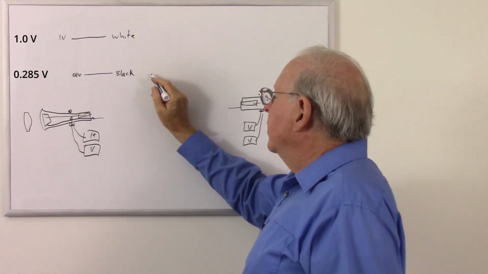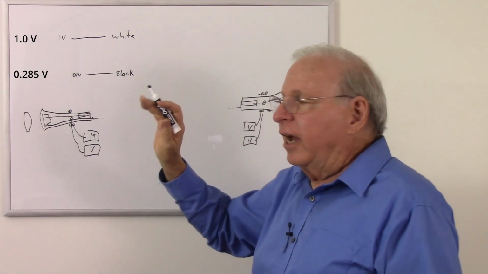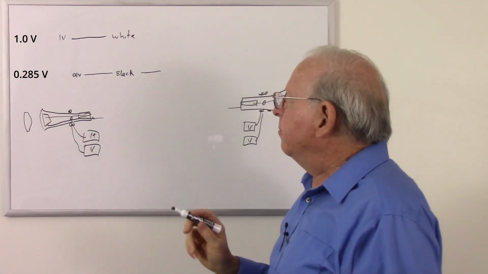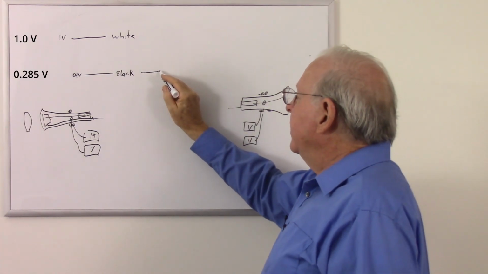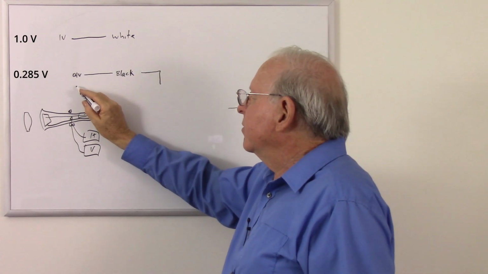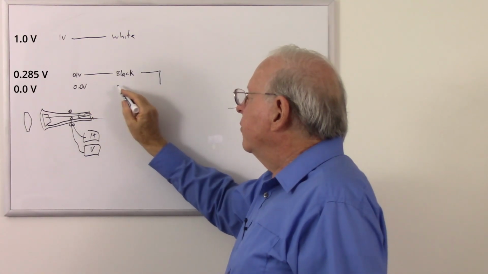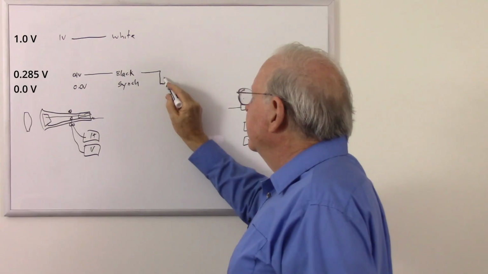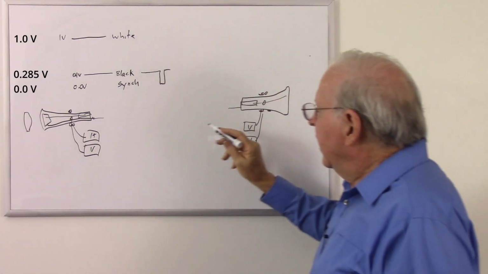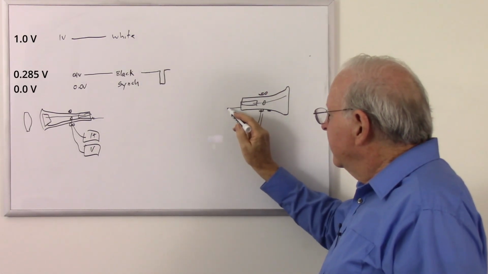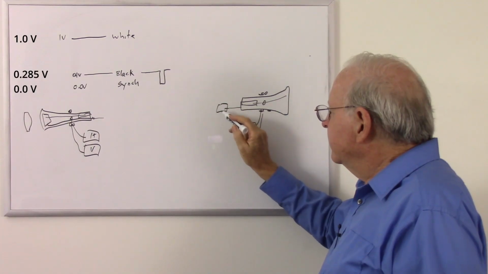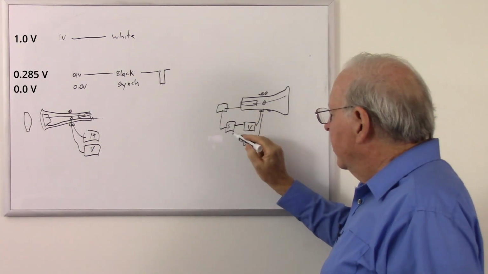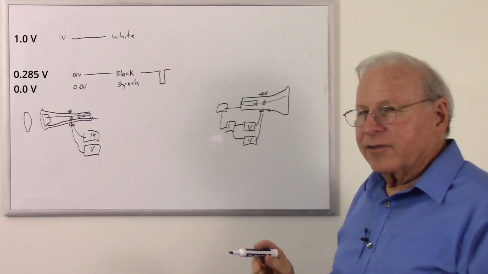What we're going to start out with first is, let's get those guys synchronized. So here we have a signal going across just at the black voltage, and let's drop that down to 0 volts. So it's 0.0 volts. We'll call that our sync. And that pulse is extracted over here to our sync circuitry that synchronizes these.